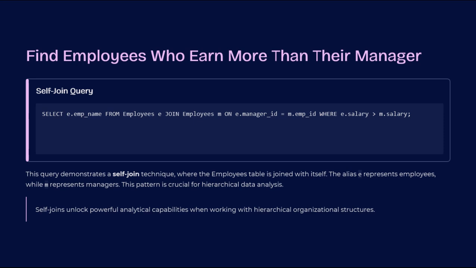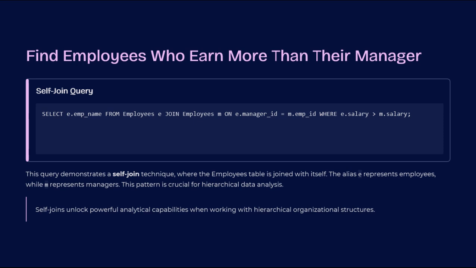Next is find employees who earn more than their manager. Select E.emp_name from employees E join employees M. Here E and M are both aliases of the employees table. On E.manager_ID is equal to M.emp_ID where E.salary is greater than M.salary.